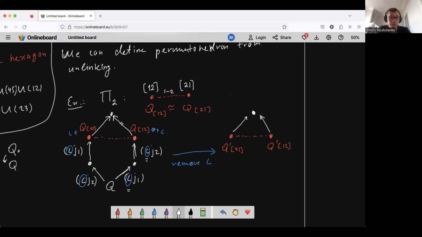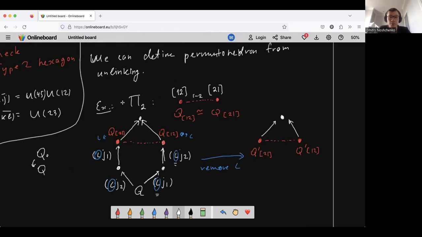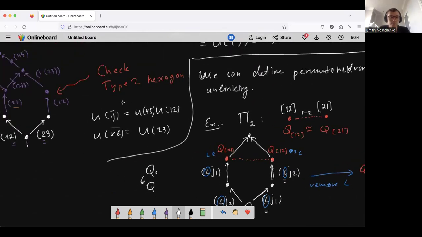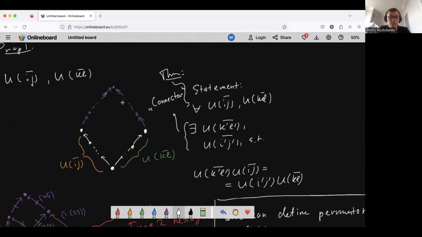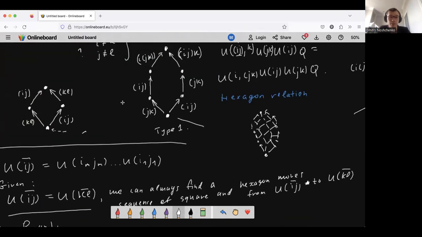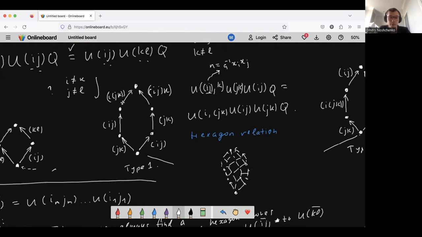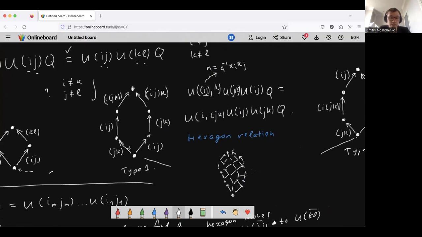But this step, the last step in the hexagon, maybe let me just go back to the definition of the unlinking hexagon. Yeah, so here iota has been a repeating index. And for example, for type 1 hexagon, which we use to generate permutohedron pi 2, the repeating index was j. And j is not applied here, nor here.